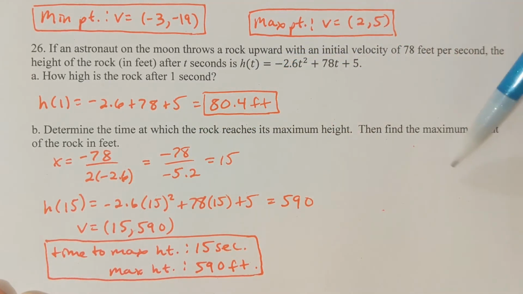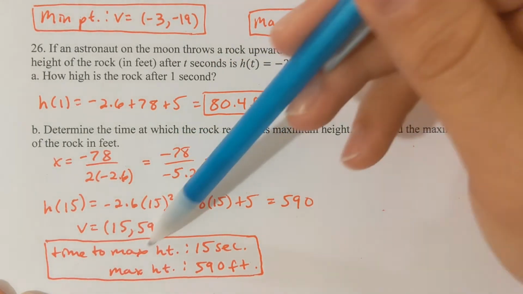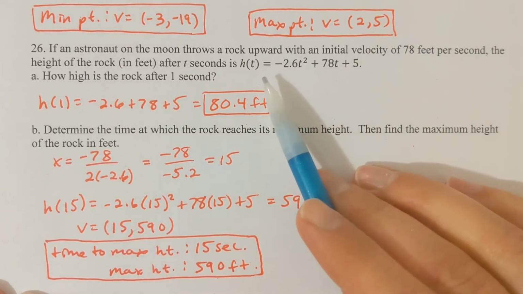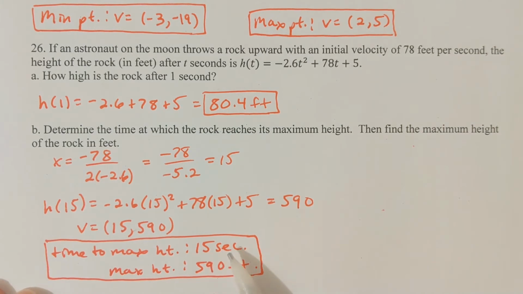Now they're asking for two things here. They want to know the time to the max height, and they also want to know the max height, which is in feet. Well, t is the time, and t is my input here into the function. So it looks like it's going to take 15 seconds for the rock to be at its highest point in the air. At 15 seconds, the rock will be at exactly 590 feet, and then it's going to be heading back to the ground after that.